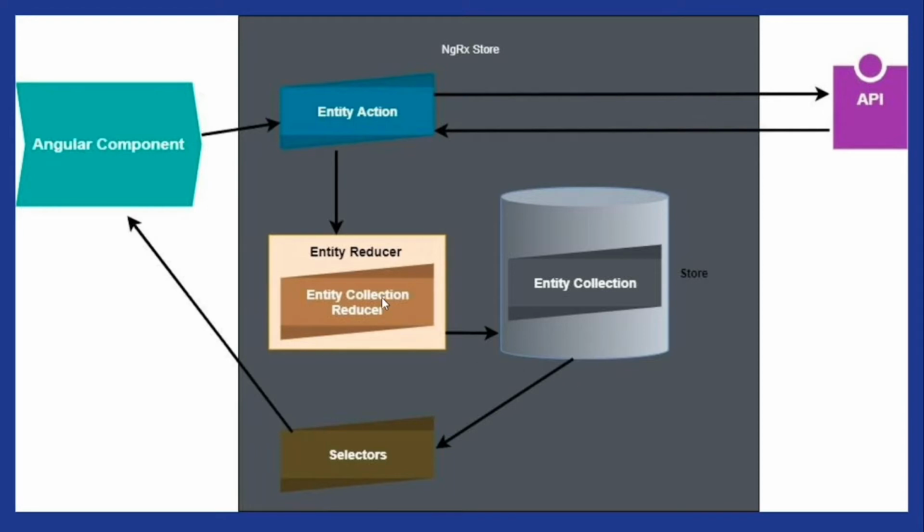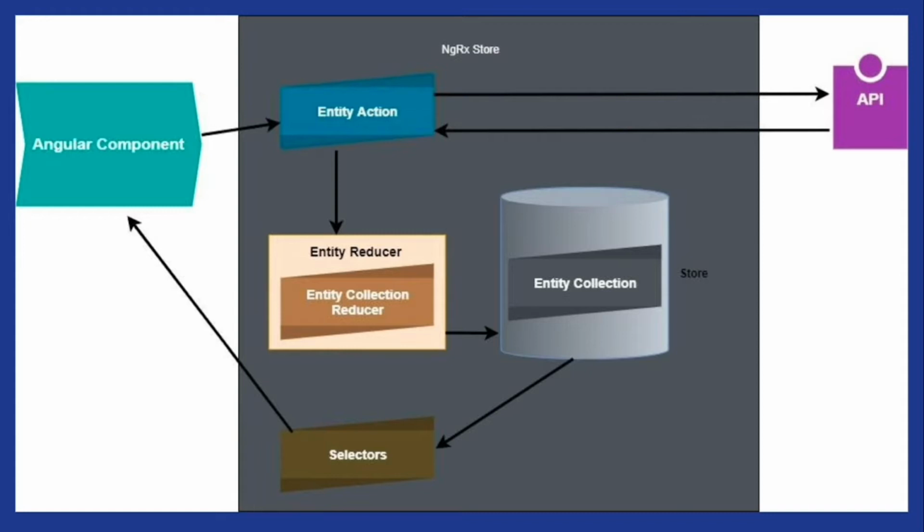So the component invokes an entity action, and the entity action can do two things. It can call an HTTP API request. Once the response is successful, that response invokes another new action, and that action pushes the data into the entity reducers. Store entity reducers are nothing but pure functions that just update the entity collections in the store.